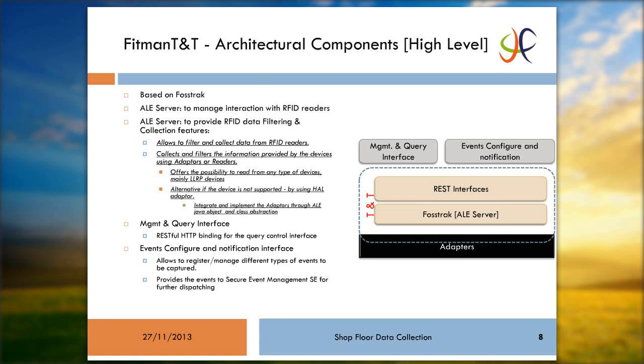Then, as my colleague commented before, FITMAN Track and Trace is based on Fosstrak. Fosstrak is an open source RFID software platform that implements the GS1 EPC network, and mainly offers the following solutions.